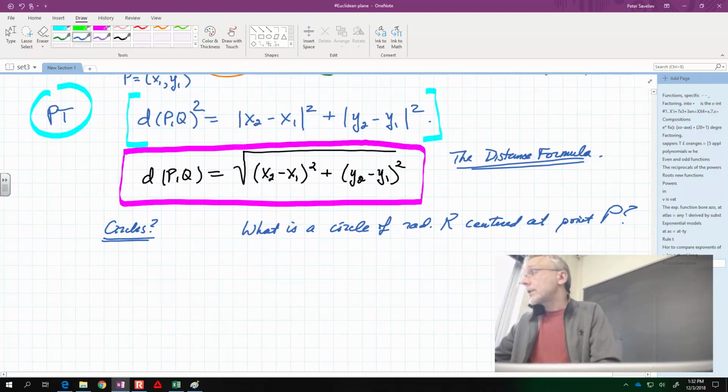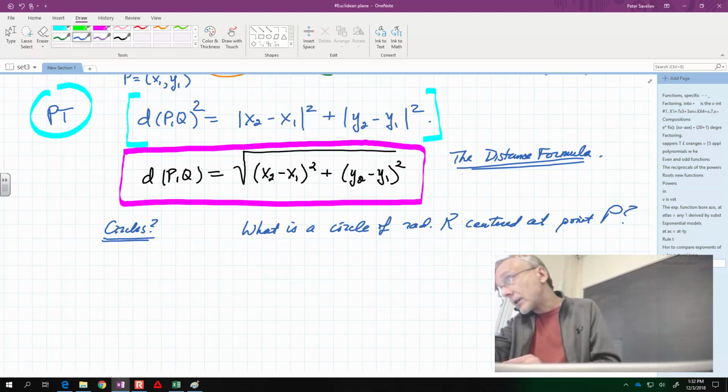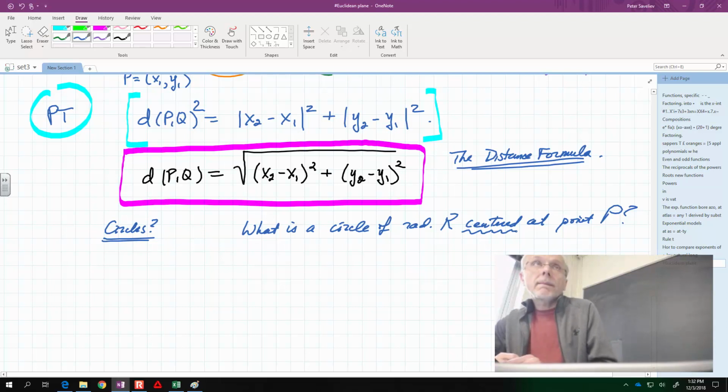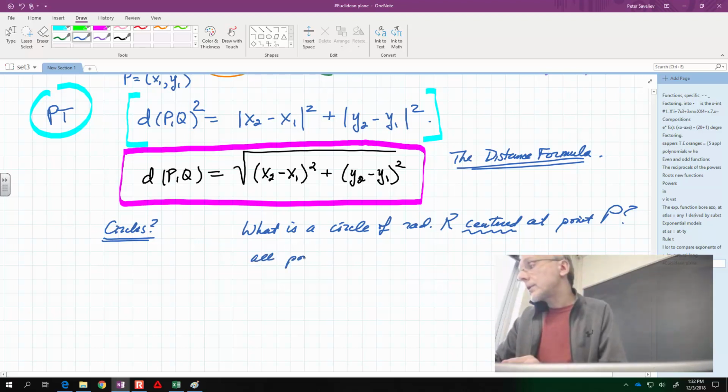A circle of radius R centered at point P. What makes it a circle? Well, what makes it a center? A center at P. Why is it called a center? Not just equal, but equal to R. That's right. So that is the definition. All points are R units away from P.